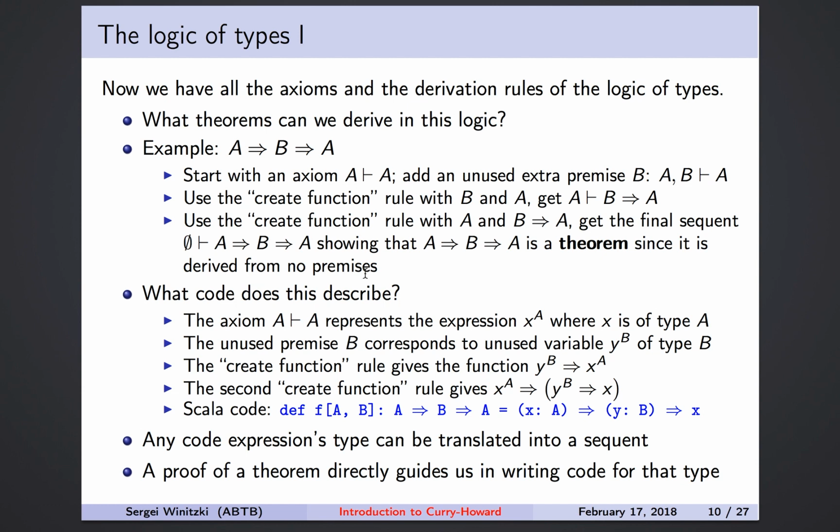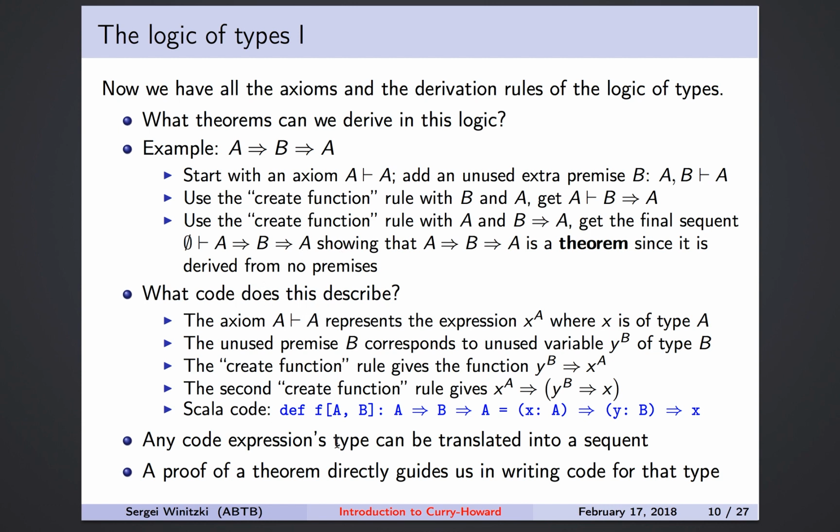So in this way, we see that any expression in the code has a type that we can translate into the sequence by putting to the left of the turnstile as a premise anything that this expression uses that has already been computed before, any variables of types that are computed before. To the right of the turnstile in the sequence, we put the type of the entire expression.